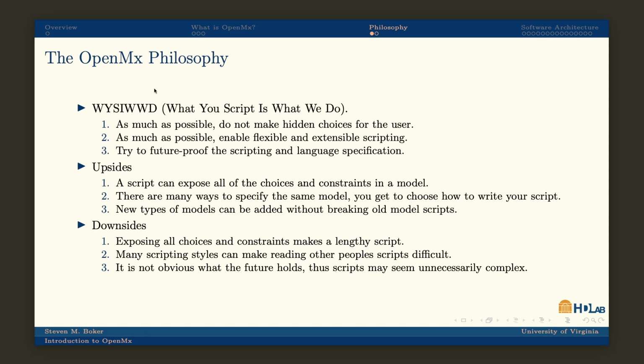And one of the problems with that, one of the downsides, is since there's so many ways to write the same script, sometimes it's more difficult for people to understand each other's scripts. We would like to make things as consistent as possible, but without preventing you from doing the things that make sense to you.